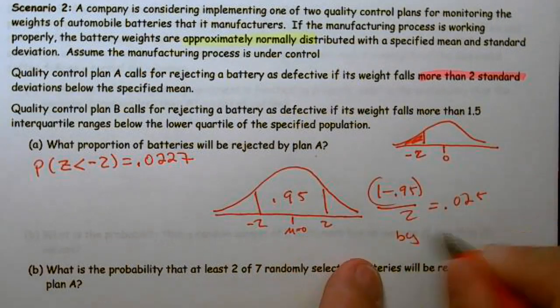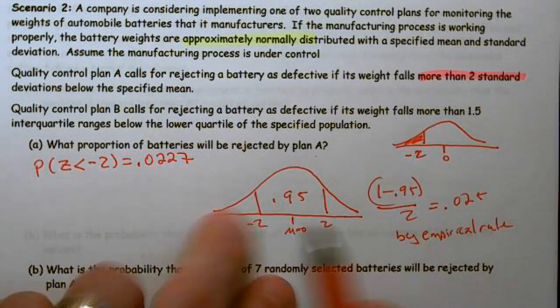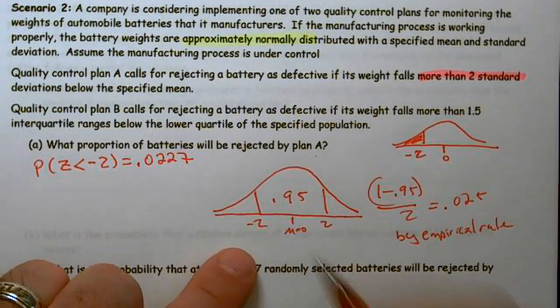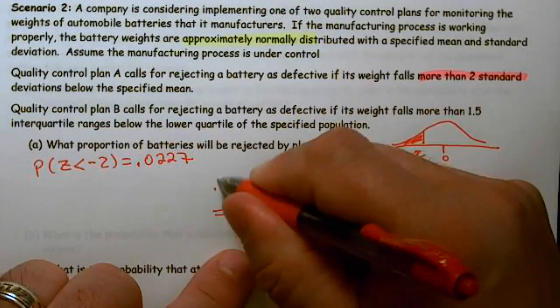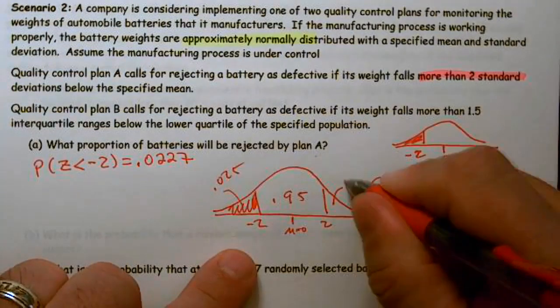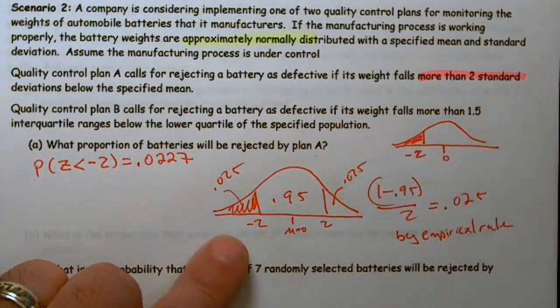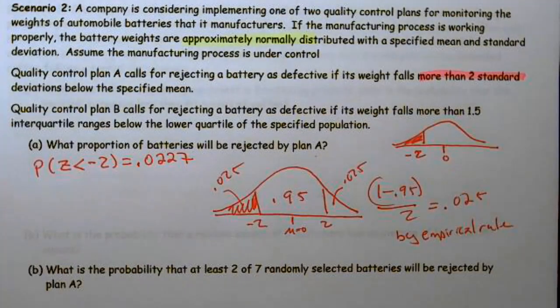And that would be by the empirical rule. I would at least need to see that you named it empirical rule, or that you've drawn a picture. And again, we were only looking for this area right here. So this is my 0.025. The other 0.025 is in this tail. We were only interested in the lower tail.